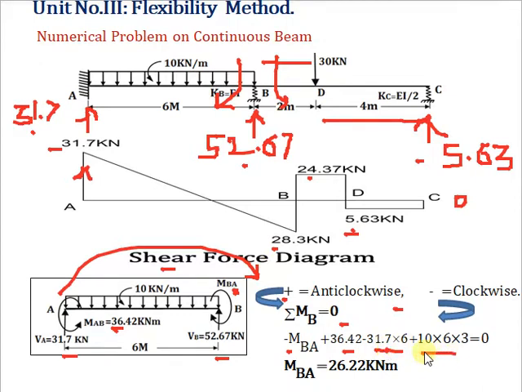Next is the UDL moving in an anticlockwise direction about B, so plus 10 into 6 into 3. The moment of 52.67 will be 0, passing through B, is equal to 0. We have MBA is equal to 26.22 kilonewton meter at B, which is the same for both spans.